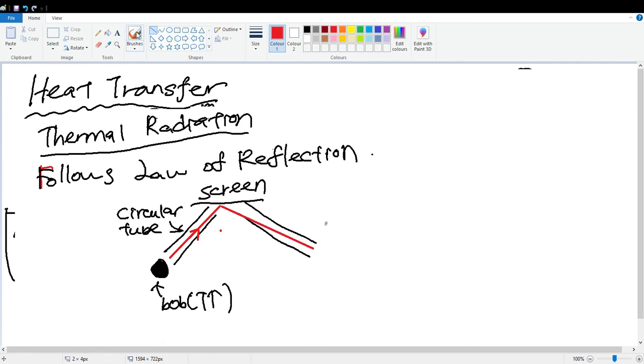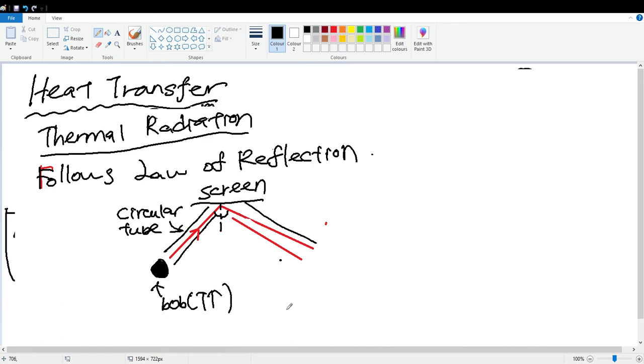Let me draw this properly. Okay, never mind. So my angle of incidence equals my angle of reflection.